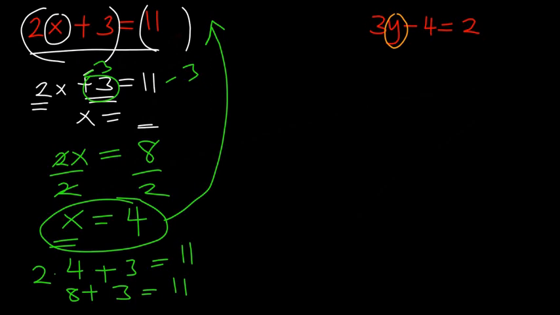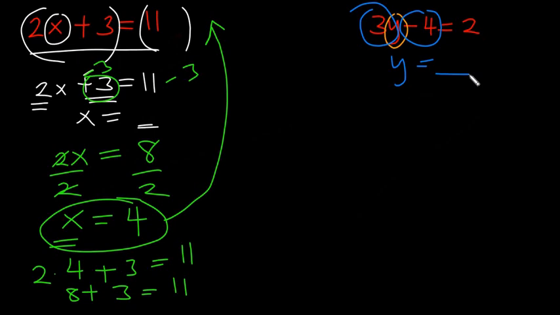We need to eliminate negative 4 from this side, and also this 3, so that we have y on one side, and on the other side another value that is going to be the value of y.